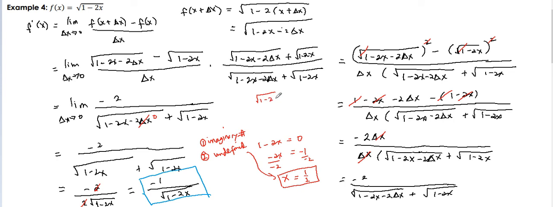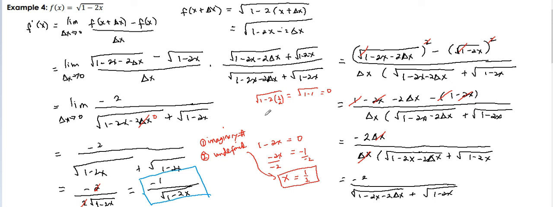Kapag ginawa po natin 1/2, yung x magiging square root of 1 minus 1, which is 0, no? Tapos, undefined yun yung ating value kasi maging negative 1 over 0.